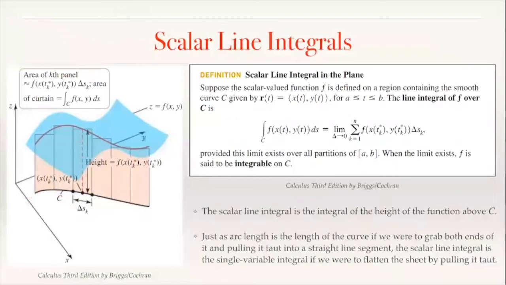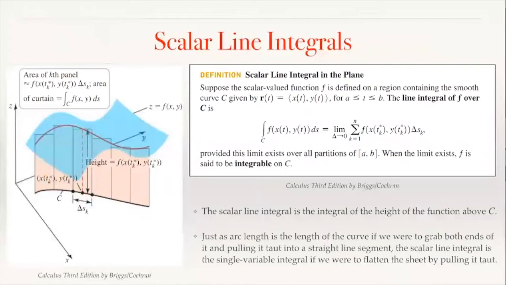And how do we define this? Well, this area is the Riemann sum of the base times heights of these rectangles. Each base is your delta s, and then you have your height f of x,y. So we want to take each delta s and multiply it by the height and add all of those together.